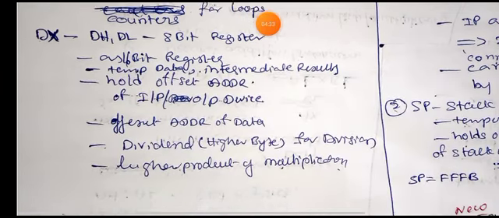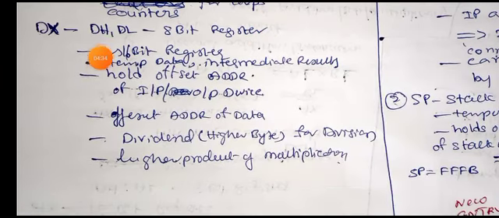Right. Now coming to the DX register. It can be used as two individual 8-bit registers, DH and DL. It can also be used as a 16-bit register. The purpose is that it can store temporary data or intermediate values during calculation. It can hold the offset address of the data.